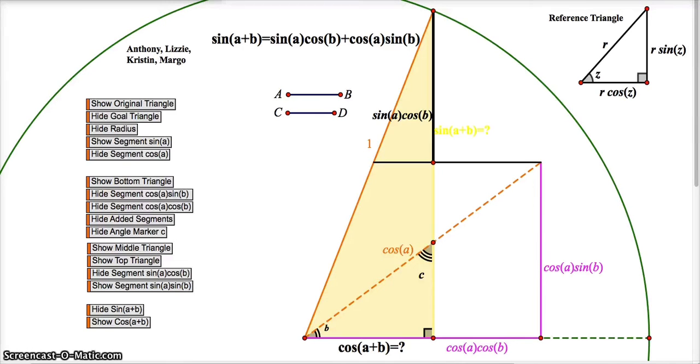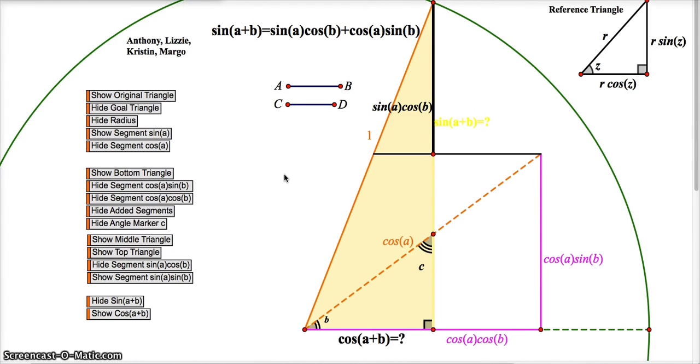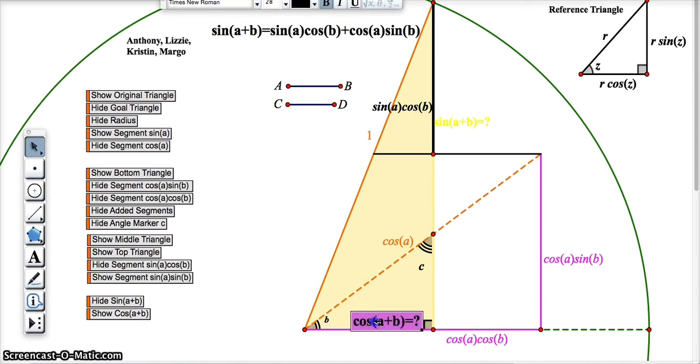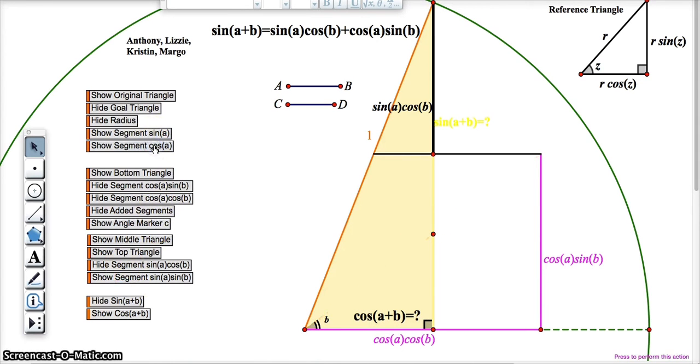We will now rearrange some of the labels in order to clarify our formulas. According to the reference triangle, if we wanted to find cosine of A plus B, we are looking for the length of the horizontal leg of our goal triangle.